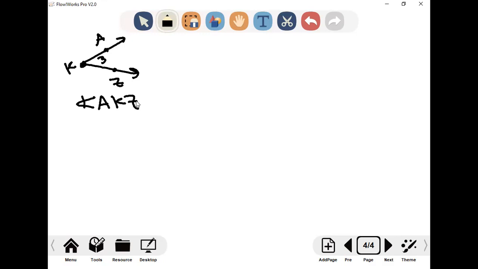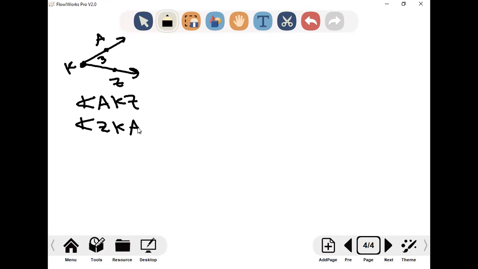A, K, Z. The vertex is always in the middle. What's the vertex? K. K is in the middle. Or I can say angle Z, K, A. The opposite, I can say A, K, Z or Z, K, A. The vertex is always in the middle.